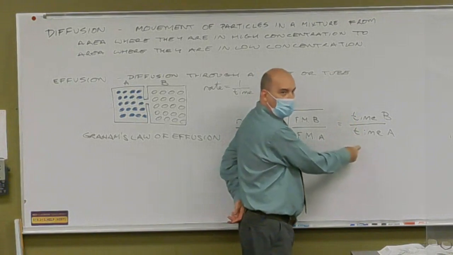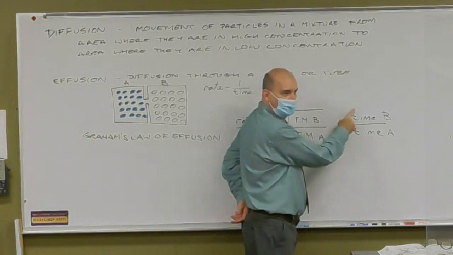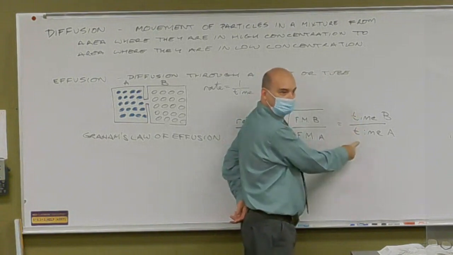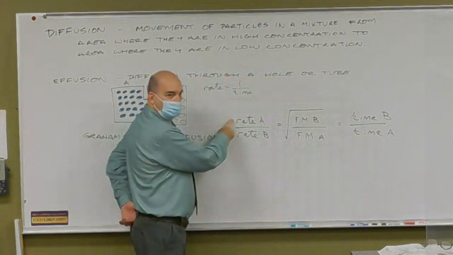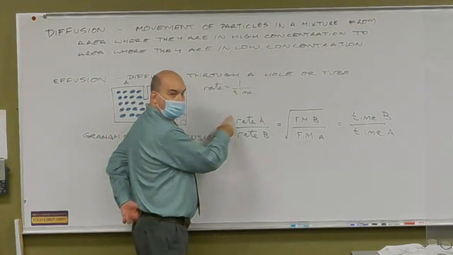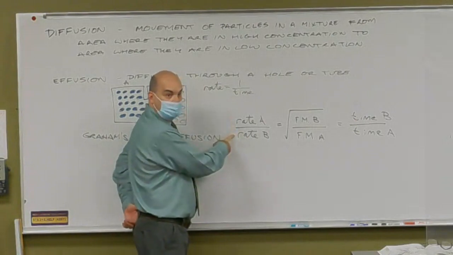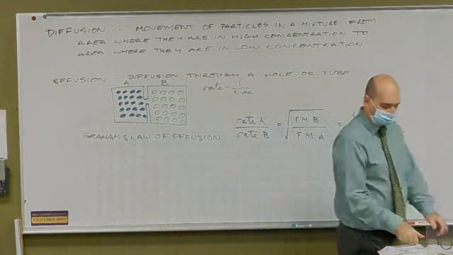So you make this one be equal to 1 period of time, and therefore this is 2 periods of time, and it's just 2 divided by 1. It could say, this one is 4 times faster than that. So you just put a 4 here and a 1 there. Okay? Let's do the one that's in the book.